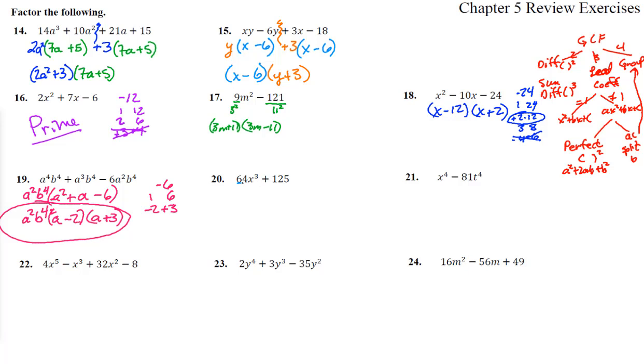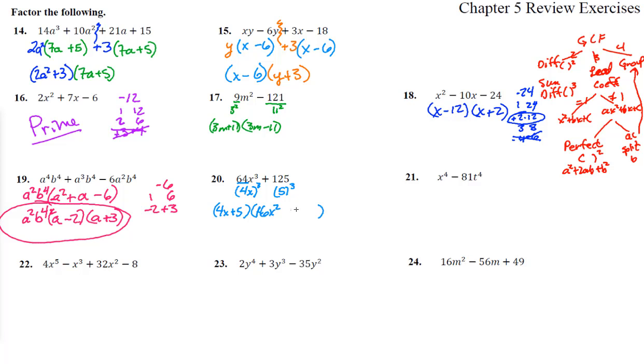And so this could be written as 8 squared, but it's also 4 cubed. This is 4x all cubed, and this is 5 all cubed. So in our formula, that's the a and the b. So it factors into the pattern, this plus that, 4x plus 5. And the other side, you would have to times this by 4x squared, which is 16x squared.